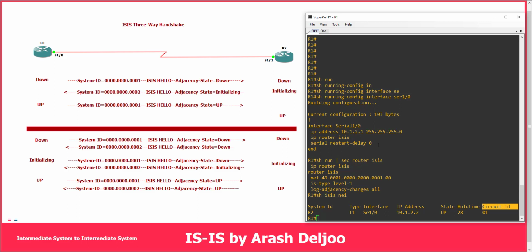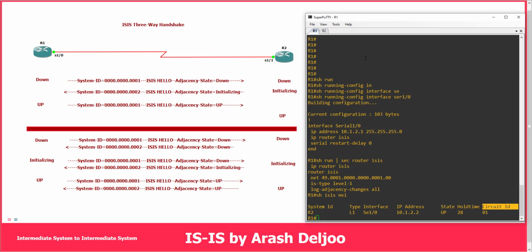The circuit ID's function is for distinguishing between interfaces of the same node. An IS enumerates its interfaces by a locally significant one-octet number called the local circuit ID, which increments by 1 with every interface added to the ISIS instance, beginning with 0 on Cisco routers.